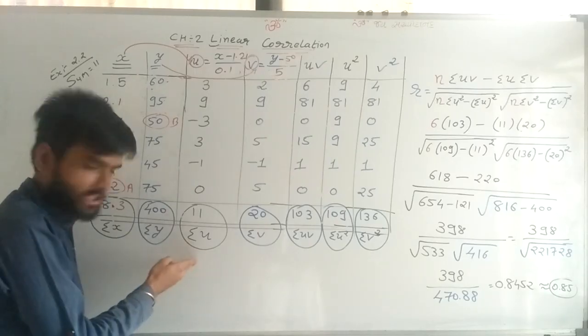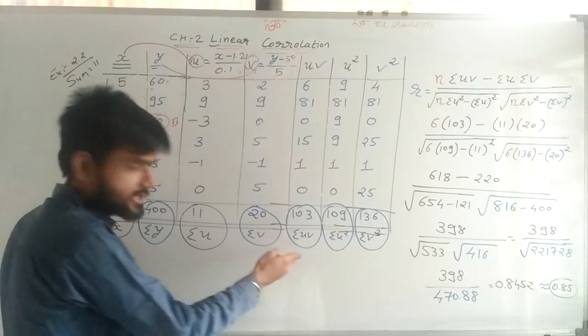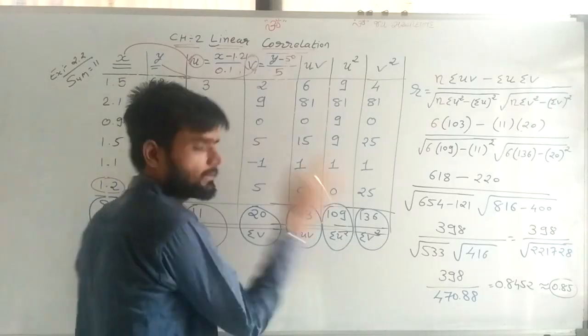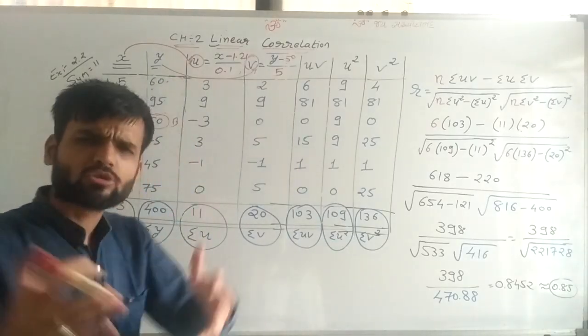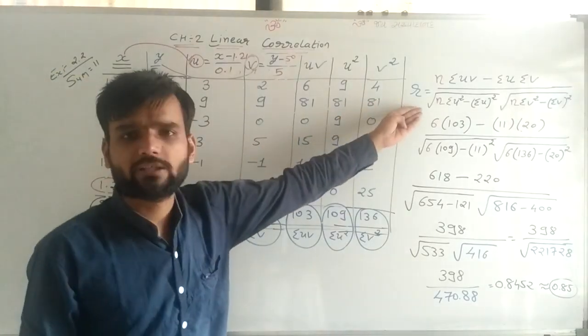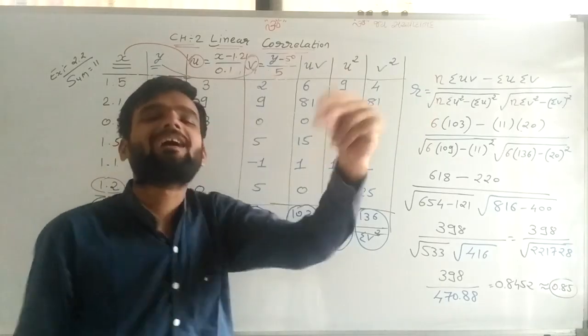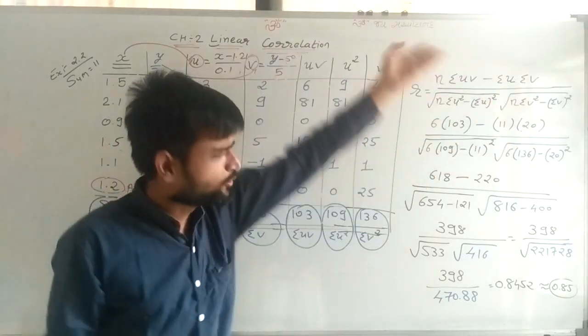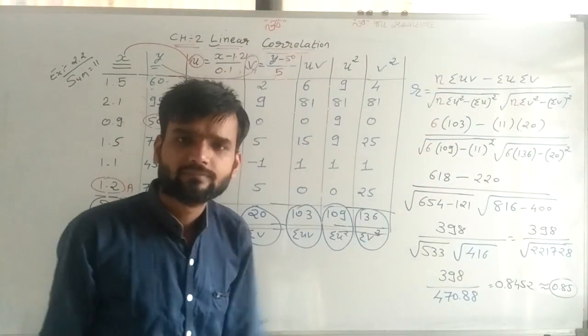So we have all the values of the sums: sigma u, sigma v, sigma uv, sigma u square, sigma v square. We have all the values available. Now just put them into the formula and calculate yourself. You can do it yourself.